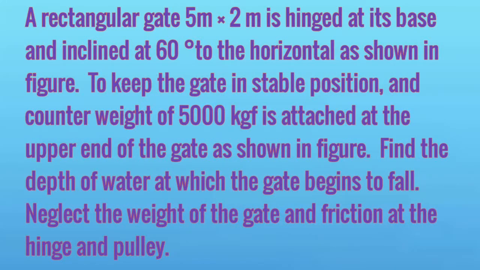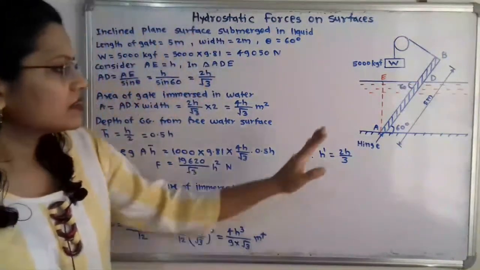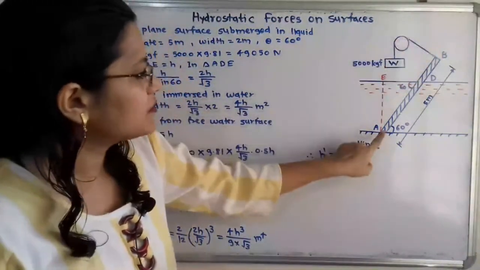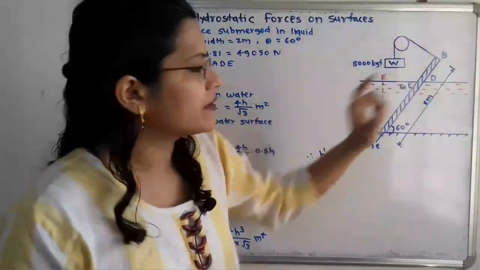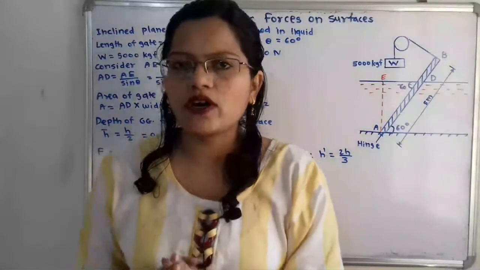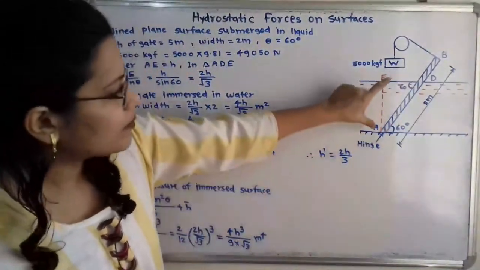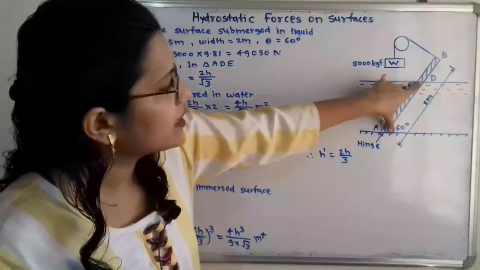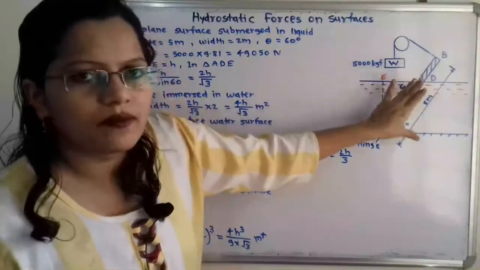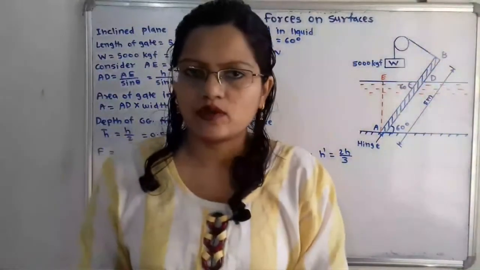Now we will first observe the diagram that is given. Here is the gate, from point A to B. Part of this gate is submerged in the water and the part is open to atmosphere. From point A to D, this part is submerged in the water and this part D to B is open to atmosphere.